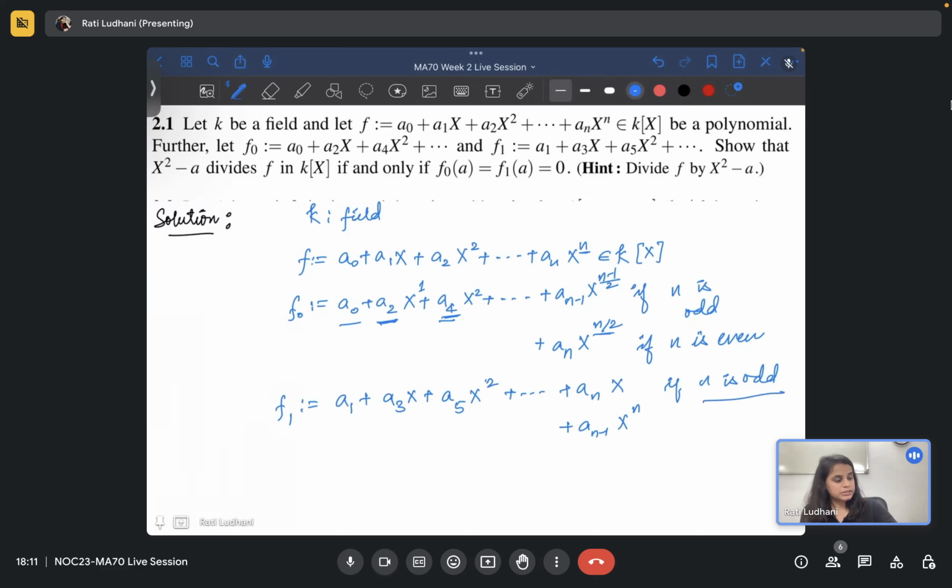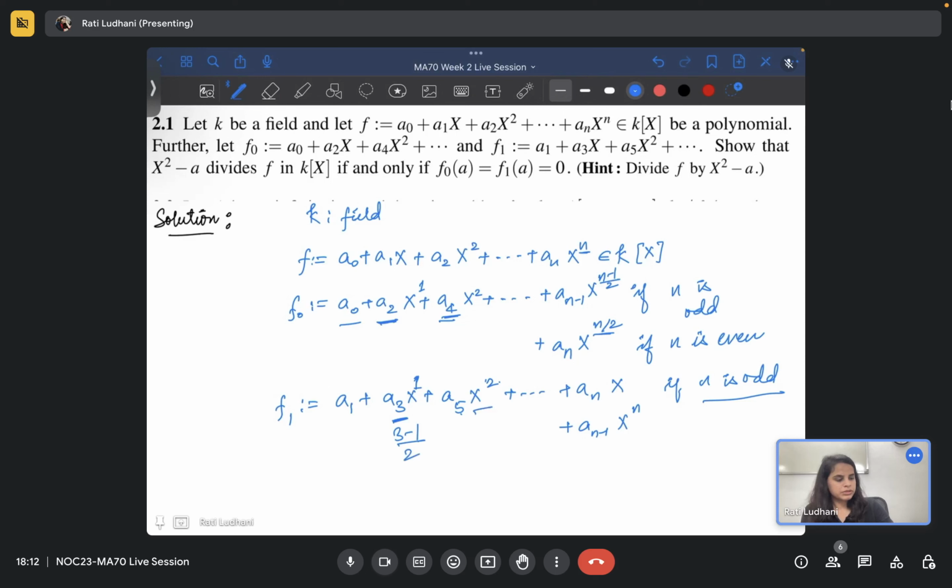So you have a3, a5, so you are taking alternate ones and keeping x the same, doing half of the power. Which power? For 3, you subtract 1, getting 3 minus 1 by 2 as the power of x.